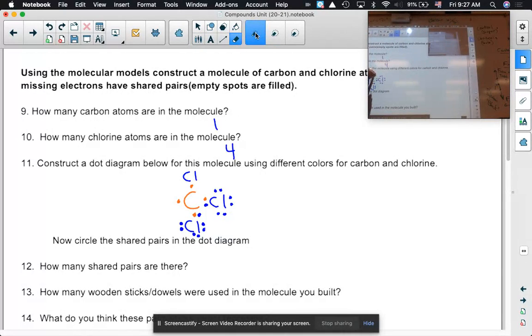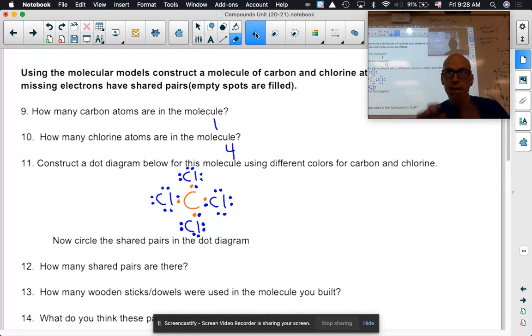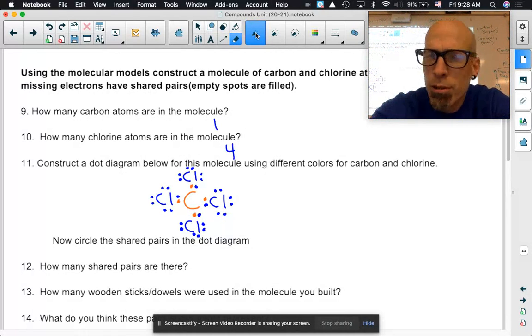Another chlorine up here where there's 1, 2, 3, 4, 5, 6, 7. And another chlorine over here where there's 1, 2, 3, 4, 5, 6, 7. So for this, it's kind of a mess here. But do you see how it's going?